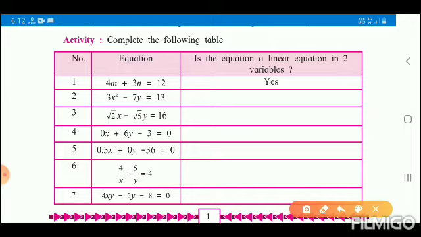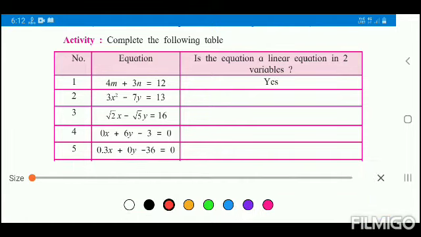Here variables are m and n and the index or the degree of the variable, means here m's power and n's power, is 1. So this equation is a linear equation in two variables. Yes. Now we will see the second equation.